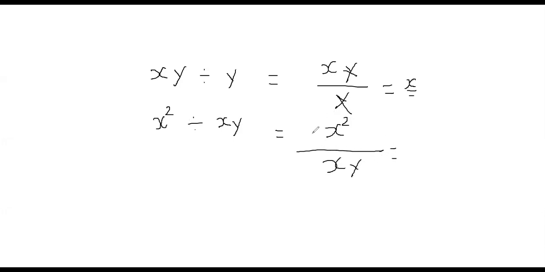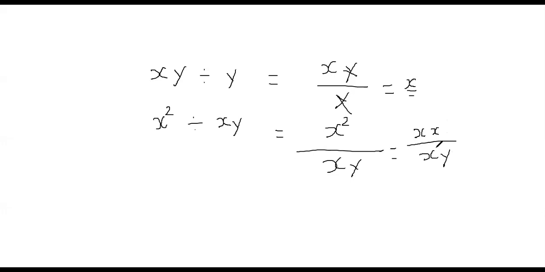How many x's are at the top? 2, right? For explanation purposes, we have 2 x's multiplying, and xy at the bottom.